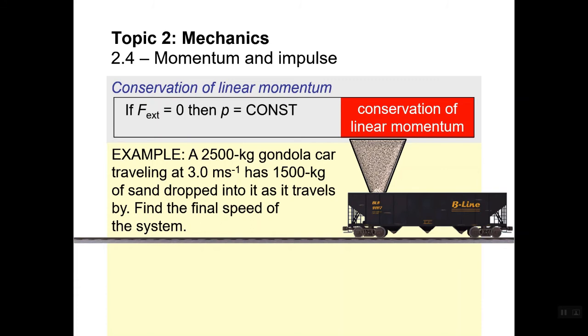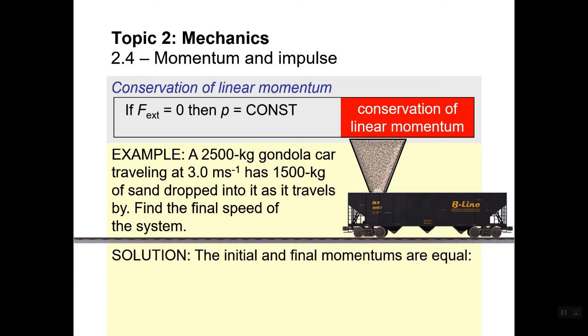There's no external force acting on the system, the car and sand are a closed system, so initial and final momentum are equal. We found the initial momentum, which equals 7,500 kilogram meters per second, which equals the final momentum based on the conservation of linear momentum.